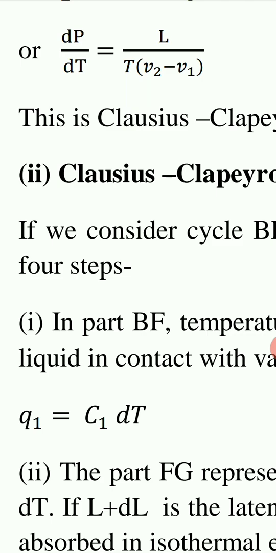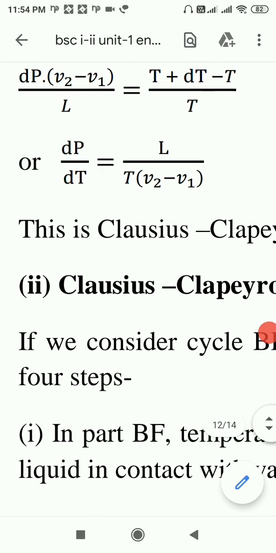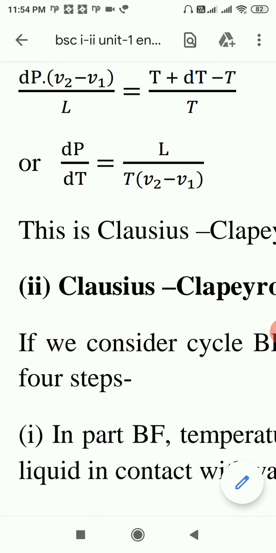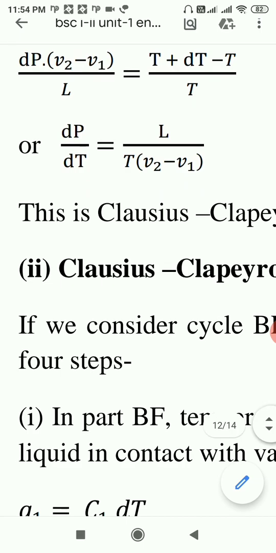So right hand side will be a positive quantity. So left hand side will also be a positive quantity. It means dP upon dt must be positive. It means when P increases, T must also increase. So when pressure increases, boiling point also increases. P increases, then T increases, and T is boiling point. This is the case for effect of pressure on boiling point.